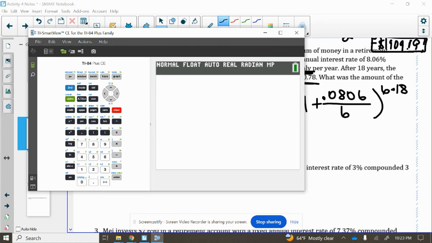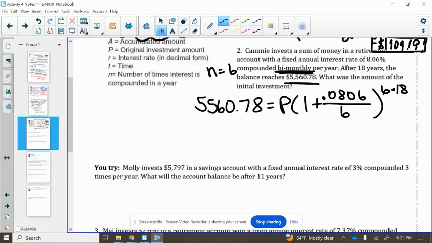So 1 plus 0.0806 divided by 6 to the 6 times 18 power. There we go. We get 4.2255.